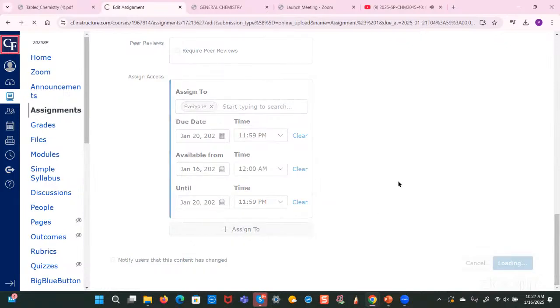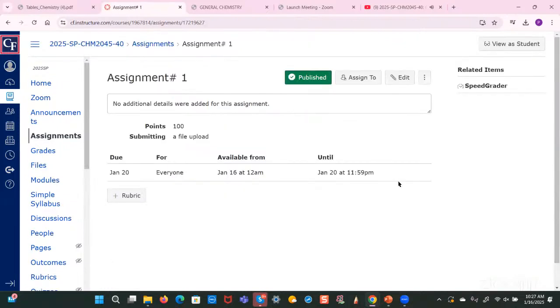Basically, you're going to scan your answers, your document, and I'm going to give you some rules for submitting assignments online. I'm going to post it later today. You're going to upload it into Canvas, and make sure it's in the form of a PDF document.